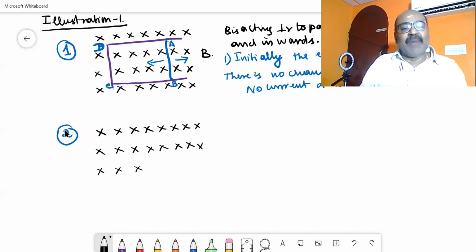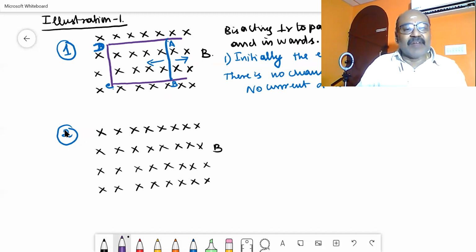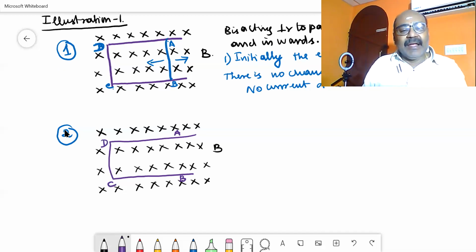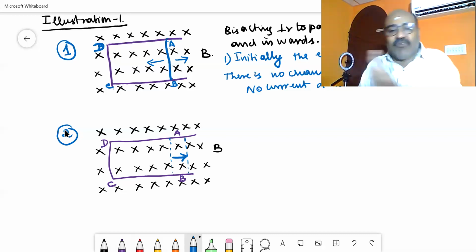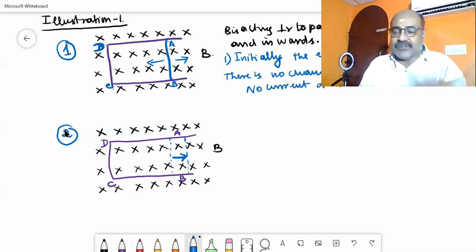Inside this uniform magnetic field B, already we have stated there is a rectangular frame placed, with the moving conductor AB and the other end CD. Now I am taking this conductor from this original position to a new position, to the right of the original position.